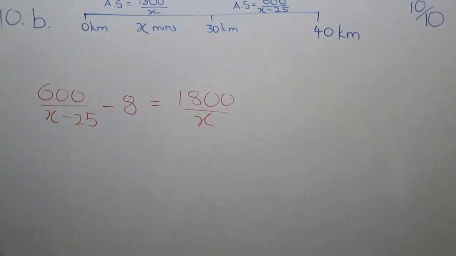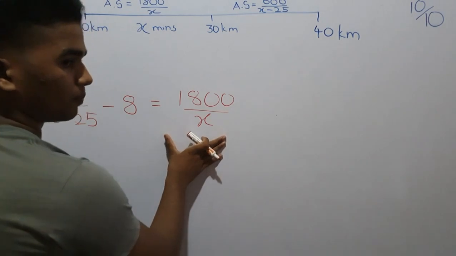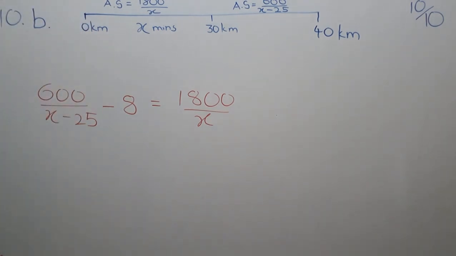This is the point you should catch. Then they are telling us to form an equation in x and show that it simplifies to x square plus 125x minus 5625 equals 0. So we should simplify this and obtain a quadratic equation.